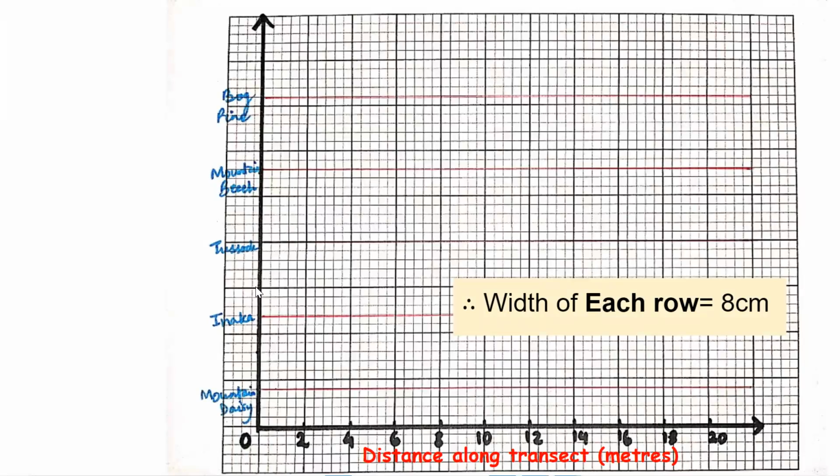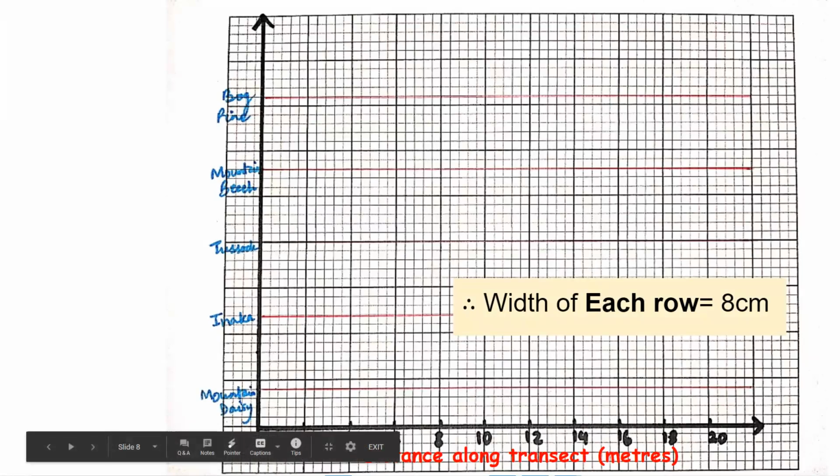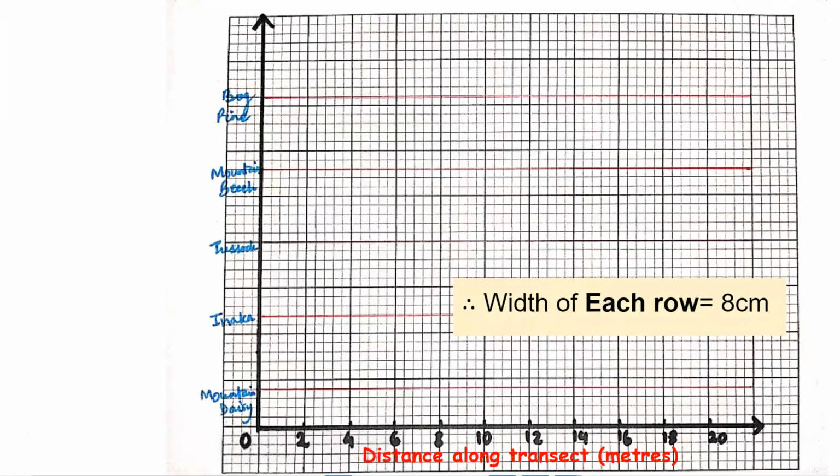I have taken my x-axis, and I have to make sure that along with drawing the x and y axis, I am taking equal intervals using a scale, not freehand. And then I label my x-axis as distance along the transect, and in the bracket I have to mention the unit. Have I taken distance as meters, centimeters, or kilometers? Then my y-axis are the species.